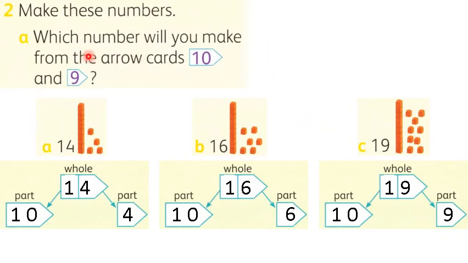The question is, which number will you make from the arrow cards 10 and 9? And here we have 10 and 9, and it's number 19.